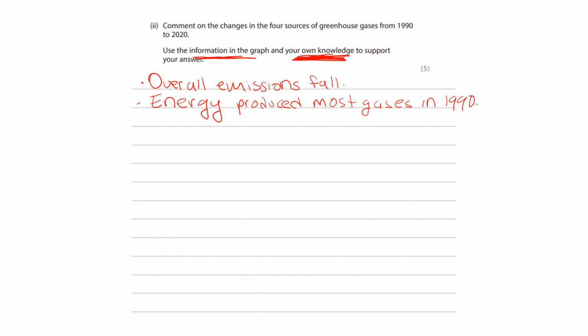So why could it possibly be decreased? Well, you're going to link the question back to renewable energy. So I'm going to say, however, the emissions from energy production, just so you know. However, energy has decreased its emissions.